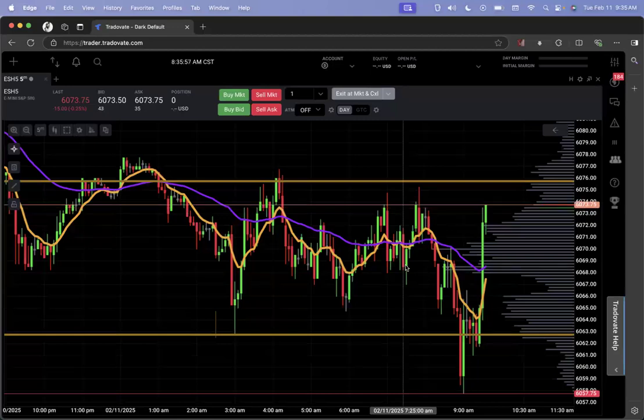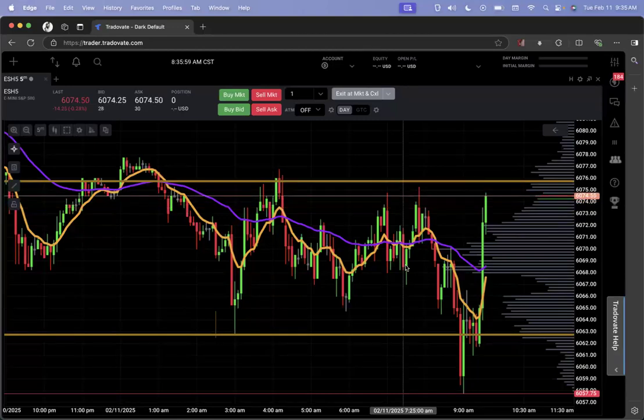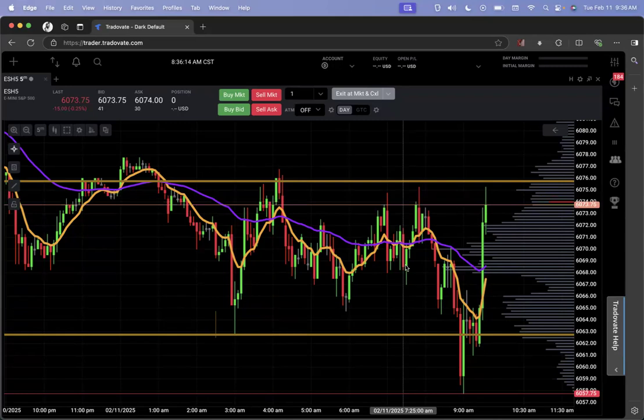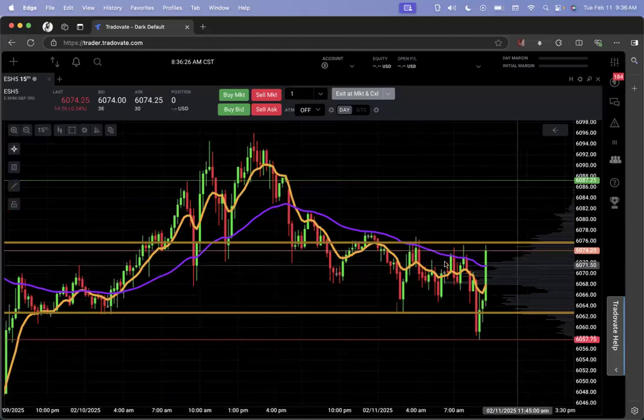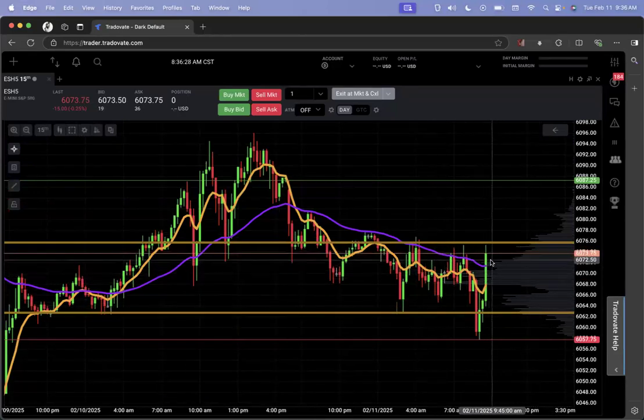Okay, no, we're looking to push up. Let's see what happens here. Boom. Stop loss triggered. All right, so now we're creating new highs. Now we can believe more in the trend, but we have some resistance here, 60.76. Are we going to get above that? Now we're in the zone.